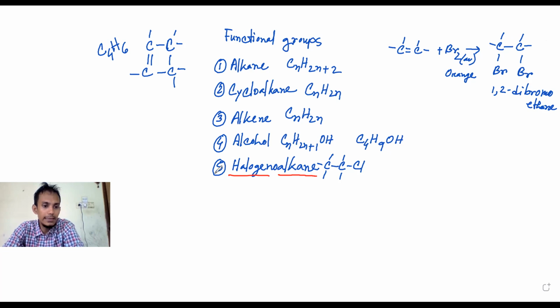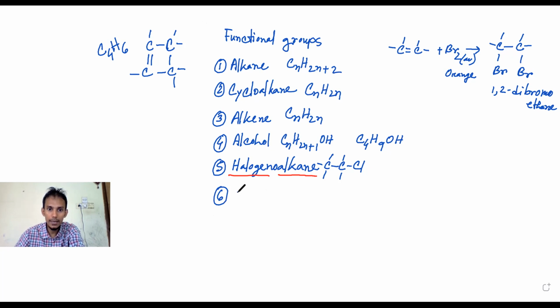We didn't go into detail regarding halogenoalkane, but we touched that topic. We will further study in AS, in detail, the chemistry of halogenoalkane. Is it clear? Rizwan? Yes, sir. So halogenoalkane we have studied.